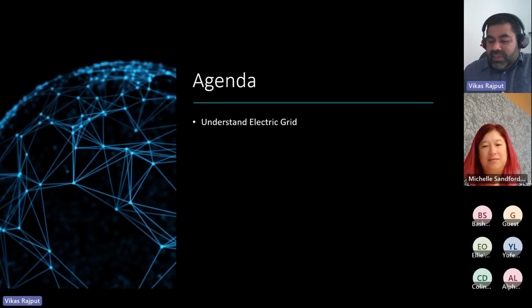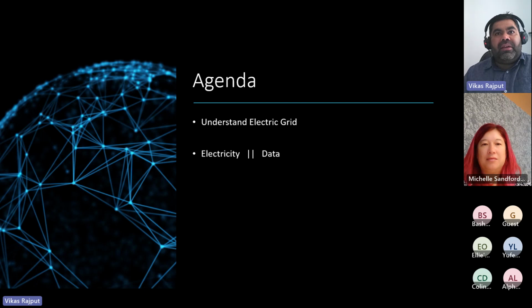So let's start the conversation with understanding the electric grid. Now, if you're a little confused, that's all right, because we started with data workflows and now we're talking of electric grid. The reason is I'm going to look at how there are some parallels between how electricity is produced and delivered, transmitted and distributed, and how I see similar patterns with data as well.